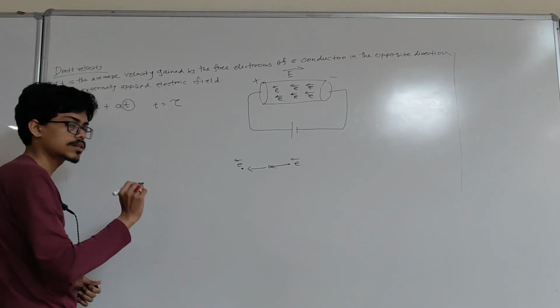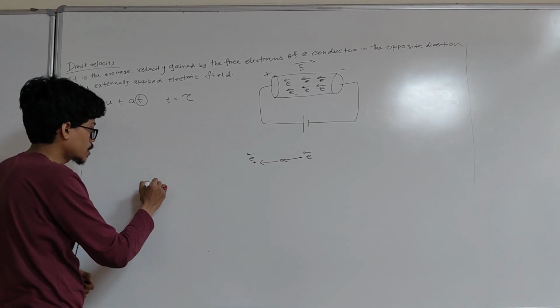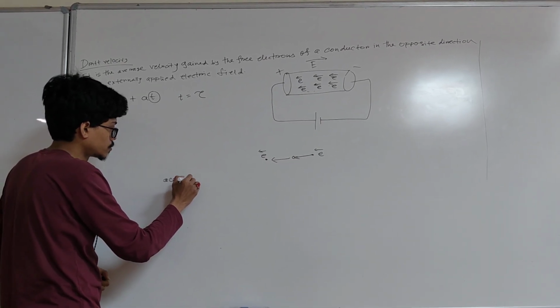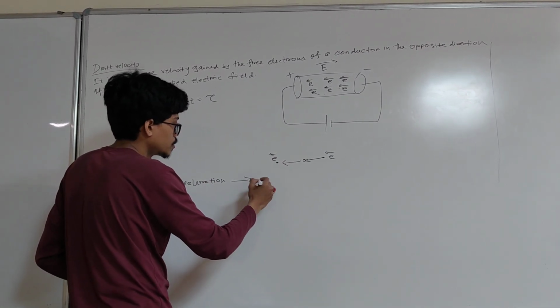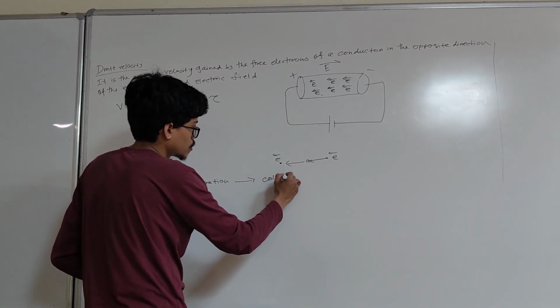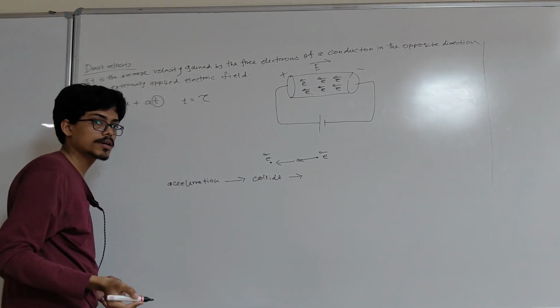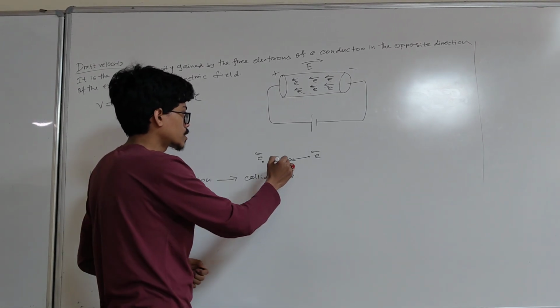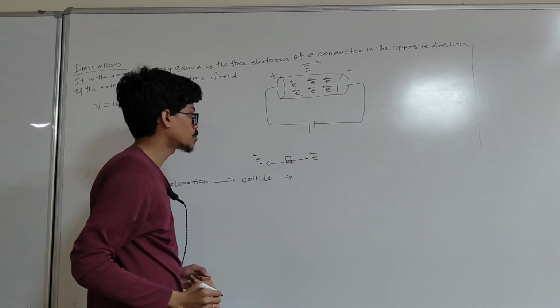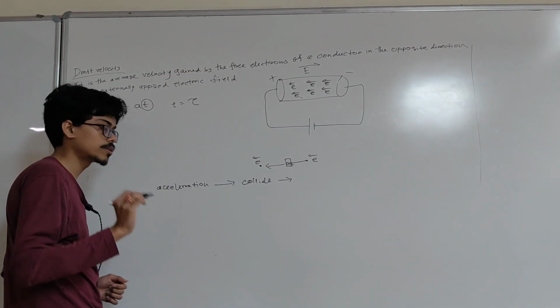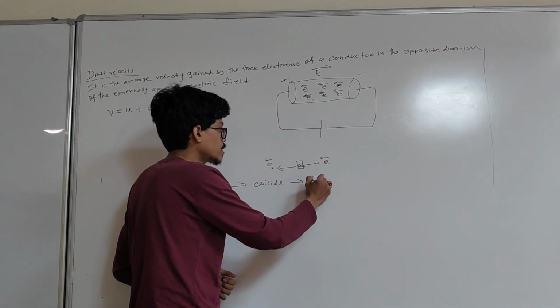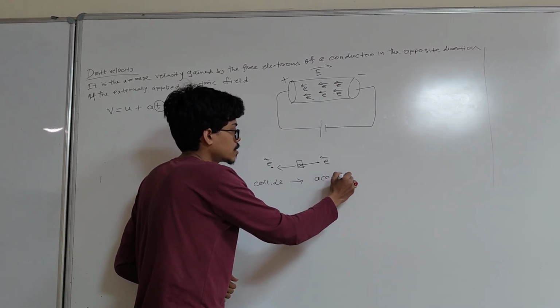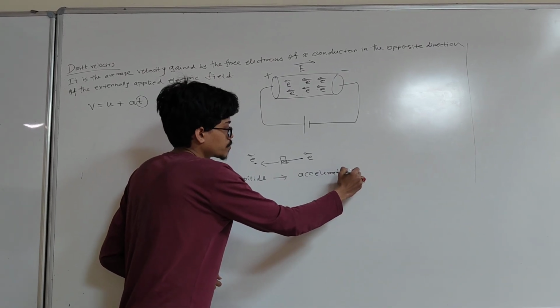So there is a continuous force of action, like acceleration of the electron, and then it will collide with the fixed positive ion. They may collide with each other as well, but collisions with fixed positive ions are the most common.